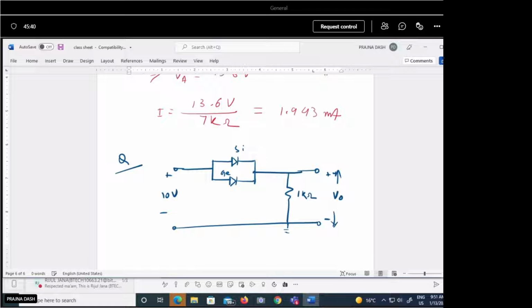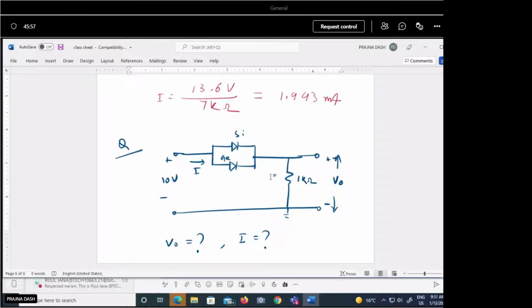Here the current is, let's say, I. So here you have to determine the output voltage Vout, and what will be the current I for this circuit.